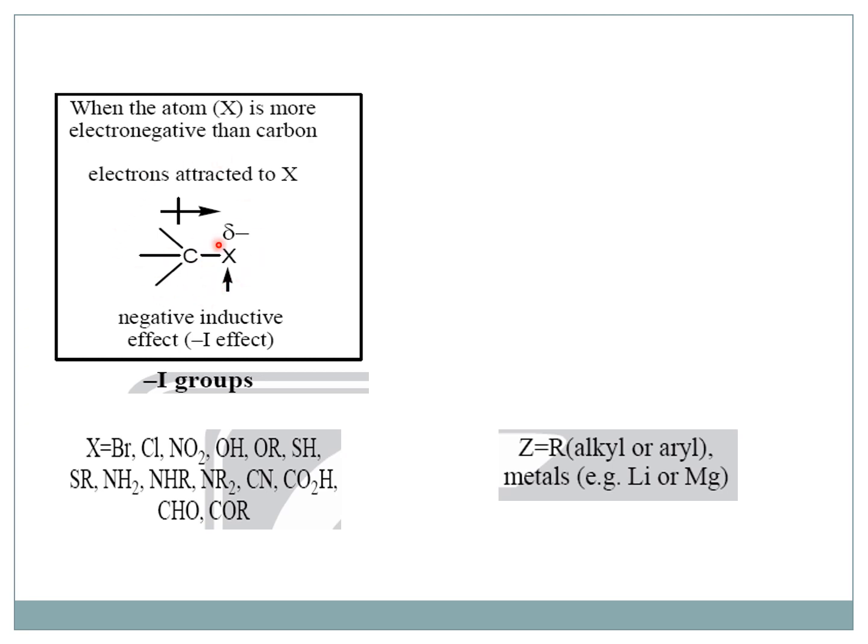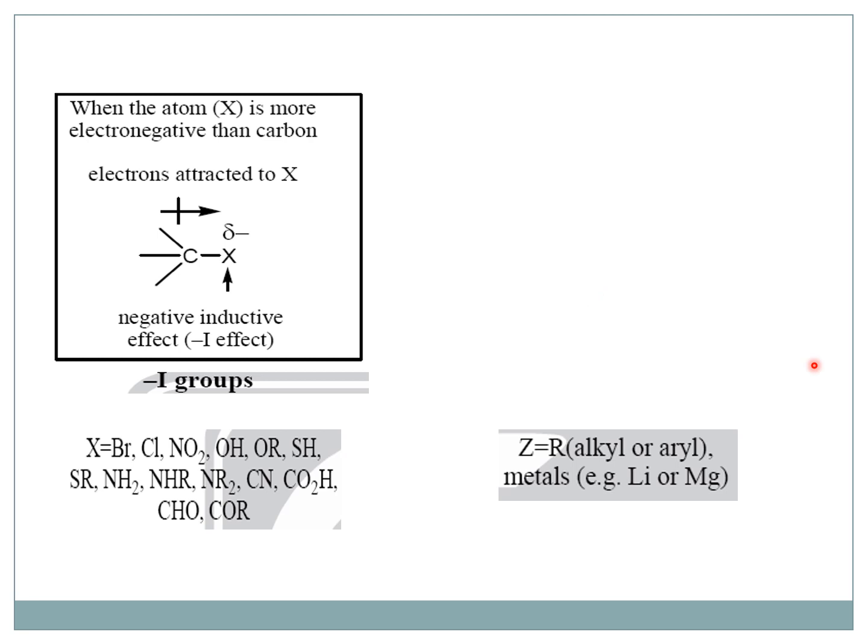This effect is known as the minus I effect. The shifting of the sigma electrons away from the carbon atom is known as the minus I effect, and the groups which attract the electrons towards themselves are known as minus I groups. For example, bromine, chlorine, nitro, hydroxyl group, methoxy group. These are the groups which show the minus I effect.